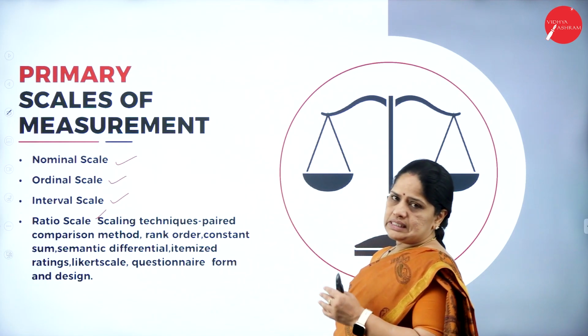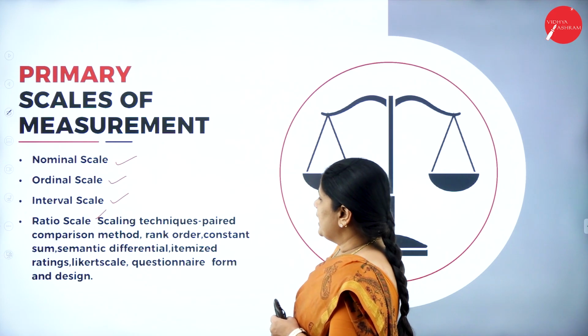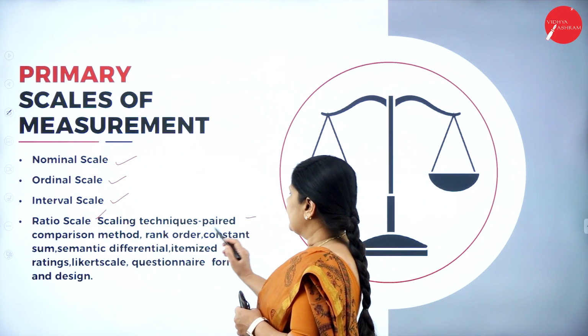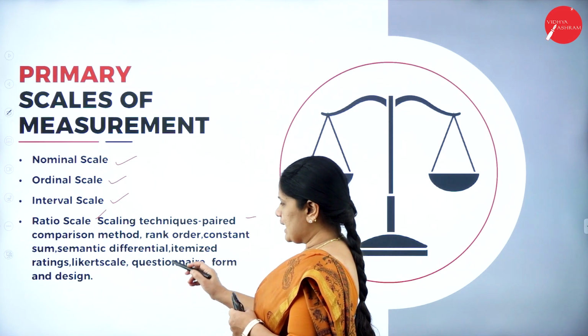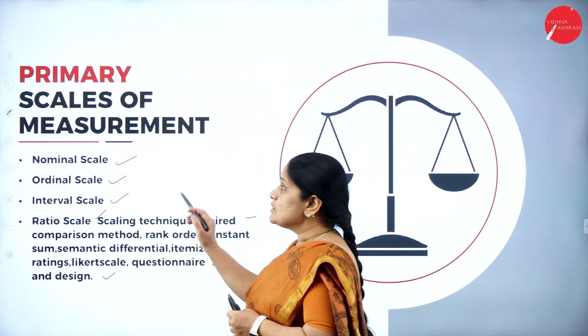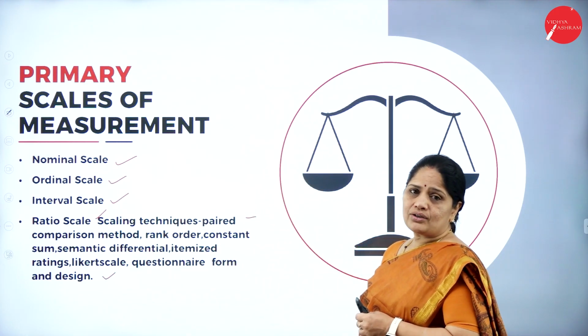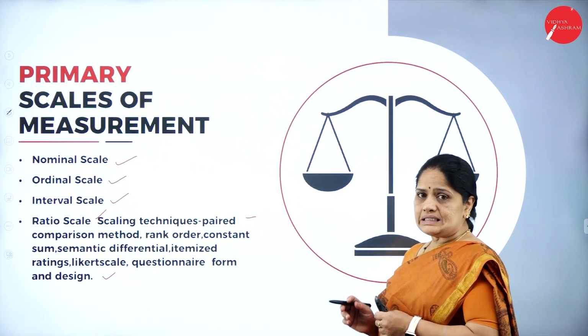So there are 4 scales of measurement here. The scaling techniques: paired comparison method, rank order method, constant sum, semantic differential, itemized ratings like Likert scale, questionnaire form and design. All this will be part of this chapter, Unit 3.